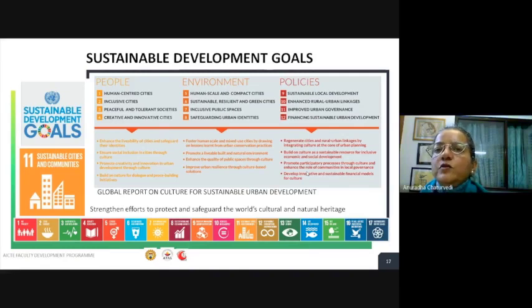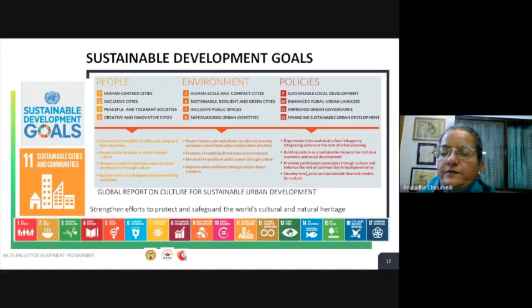The Global Report on Culture for Sustainable Urban Development has identified three different aspects which have to be taken into account in order to ensure that heritage is integrated within the sustainable development goals.